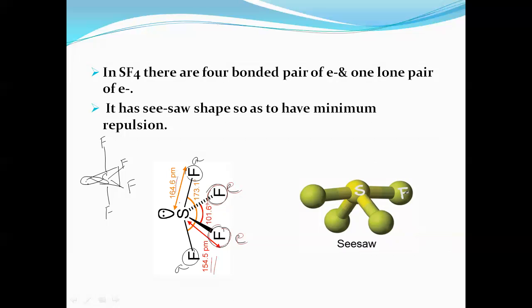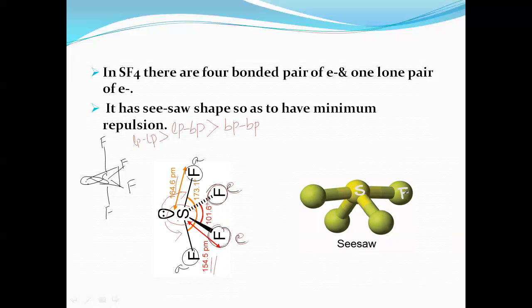And for the angle, because of the repulsions between lone pairs and bond pairs, lone pair-bond pair repulsion is more than bond pair-bond pair repulsion, because this lone pair on the central S atom totally belongs to the sulfur atom. Now it tries to occupy more space around the central sulfur atom, so it will try to repel the bond pairs of electrons.